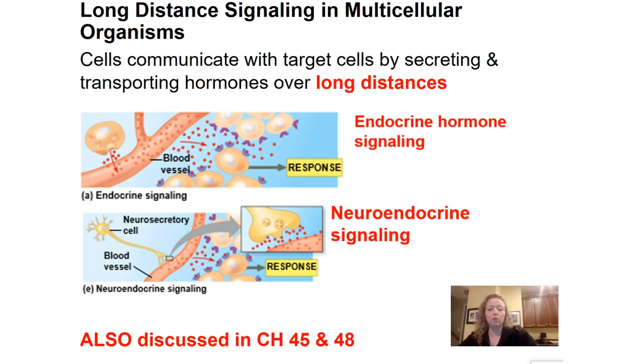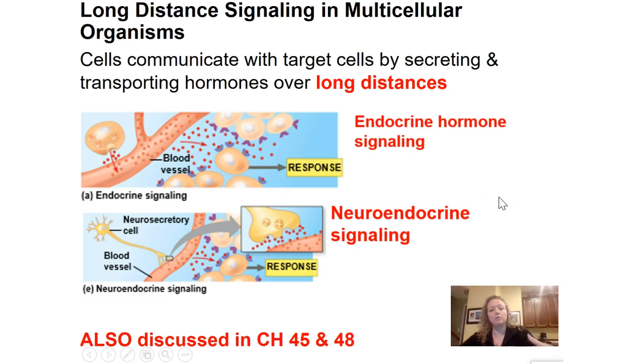The last one is neuroendocrine signaling, an example like when the posterior pituitary gland secretes antidiuretic hormone, that goes into the bloodstream and travels to the kidneys. But since it's actually secreted by a neuron and goes to those cells, it's considered a neuroendocrine signaling mechanism.